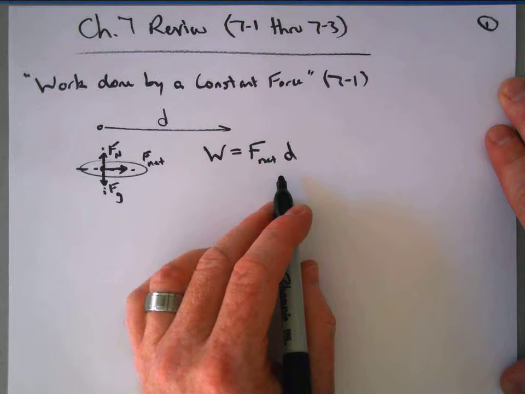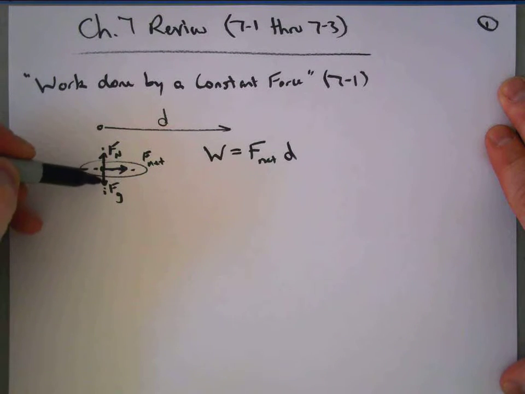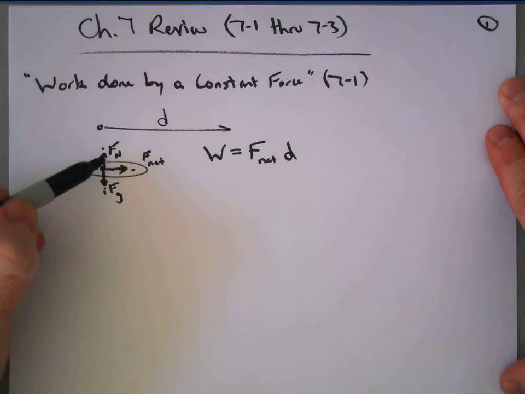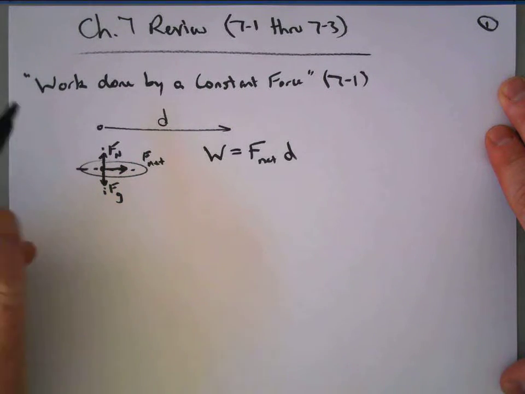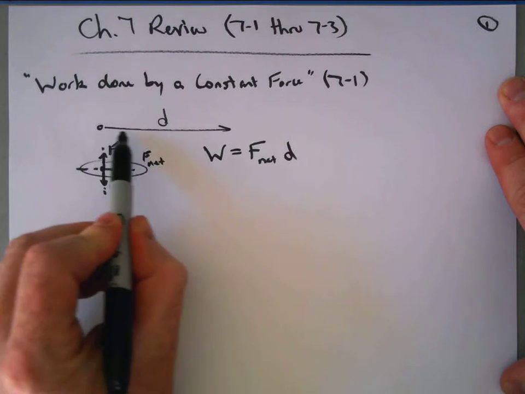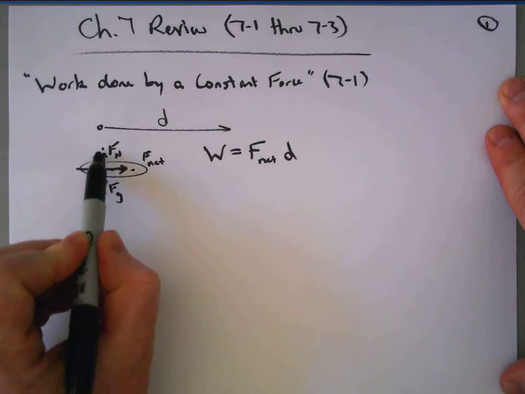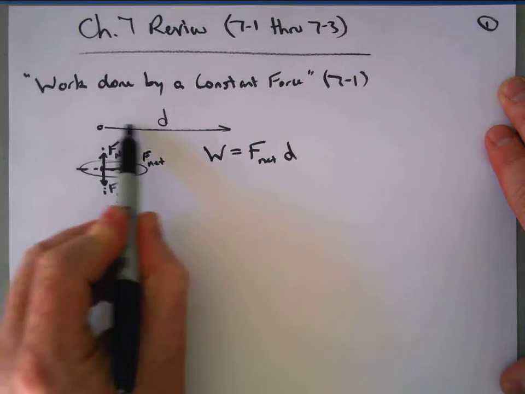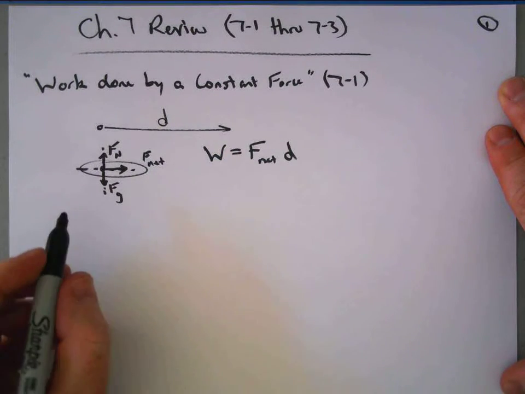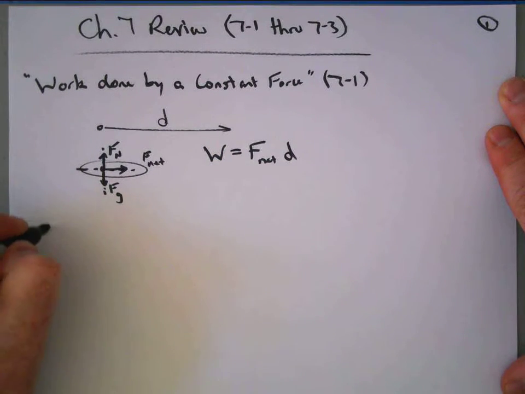These other forces don't play a part here, not because they cancel each other out, but simply because they are perpendicular to this distance, and they have no component in the parallel direction to the distance traveled. So that'll be our next thing we'll look at.